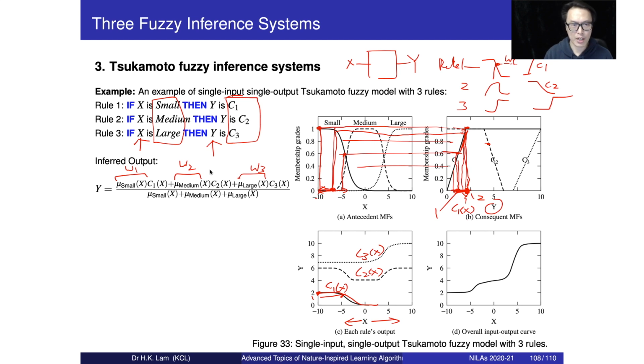The same applies to C2 and C3. We just put them right here. Using this approach, using this equation, we put all the lines together with the weights W1, W2, W3, and we come up with the final output. When we input x into this fuzzy inference system, it will give you the y value. Say when we input x as 0, the output y will be 4.